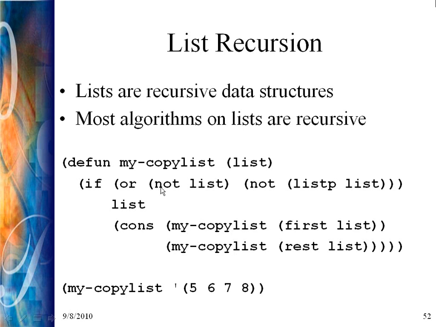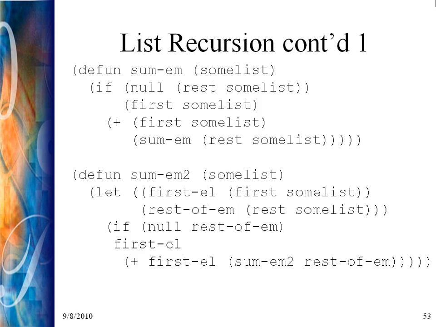It is not the empty list, it's not nil, and it is a list. So we build a list out of the first element, 5, and my copy list applied to the rest. So we're building a list of the first element and a list built of the rest of the list. And if you work this out, you'll eventually end up with a copy of the list.